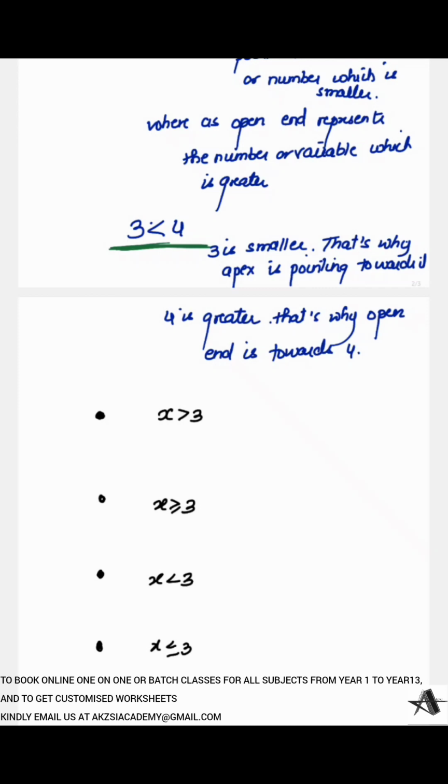By showing that the peak is pointing towards 3. It represents that 3 is the smaller value out of these two, because we are comparing two values. Whereas the open end is pointing towards 4, it represents that 4 is the greater one.